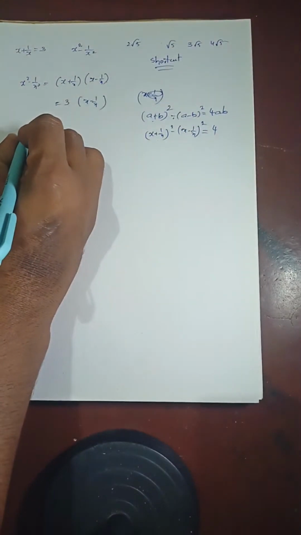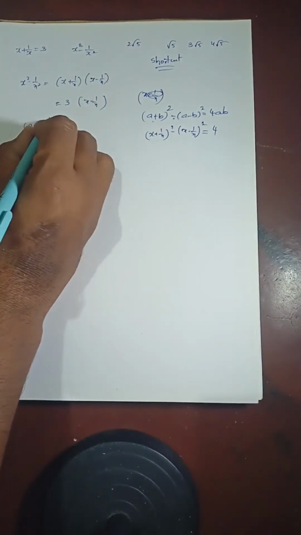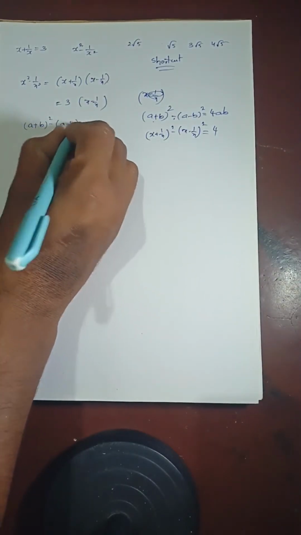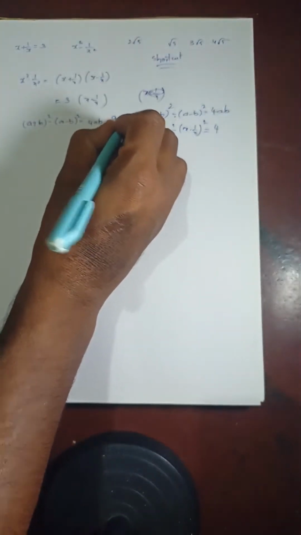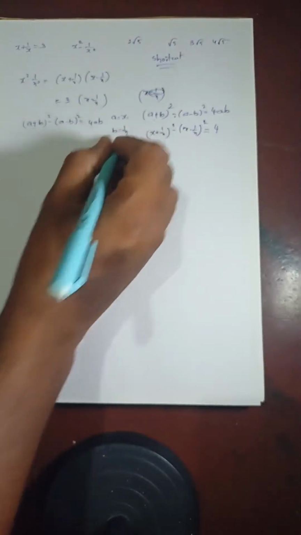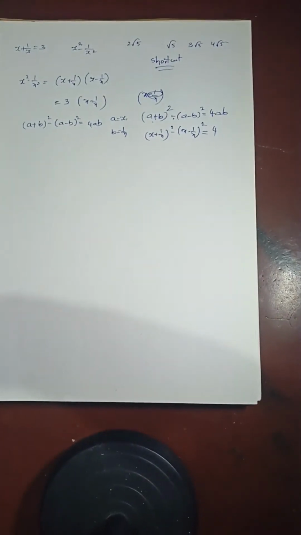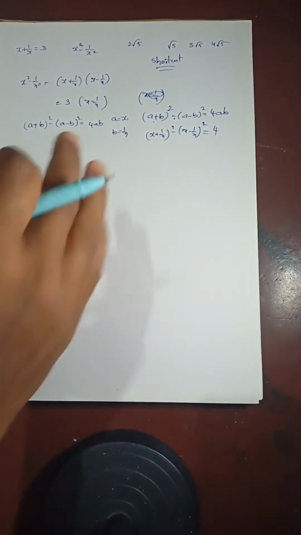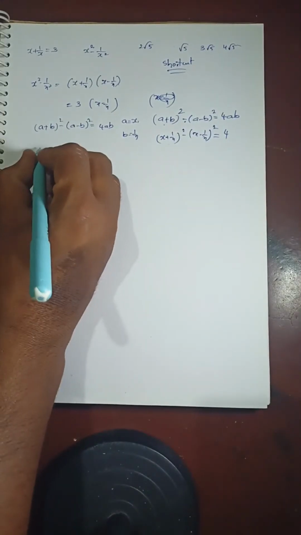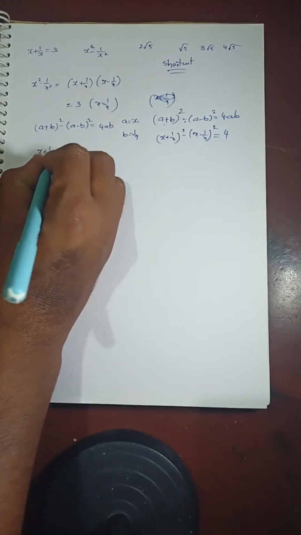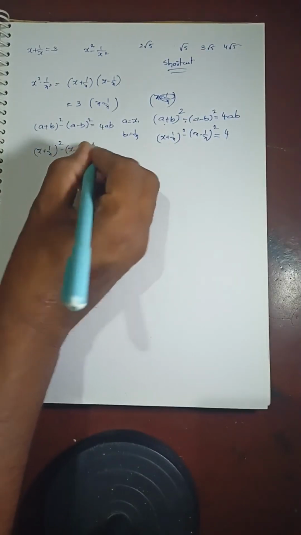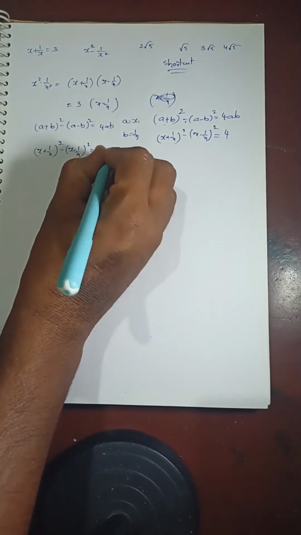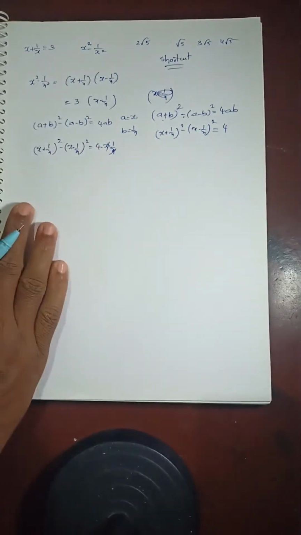This formula we are involving here: a plus b whole square minus a minus b whole square is 4ab. Here a value is x and b value is 1 by x. So x plus 1 by x whole square minus x minus 1 by x whole square is equal to 4 into x into 1 by x, so x will get cancelled.